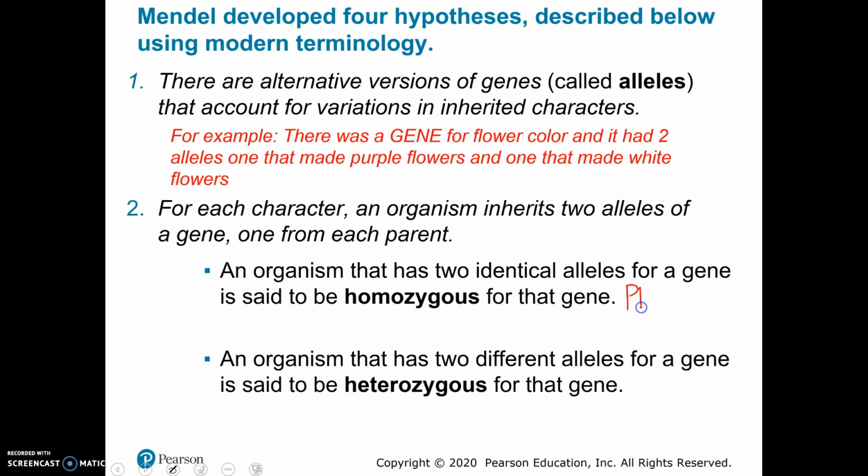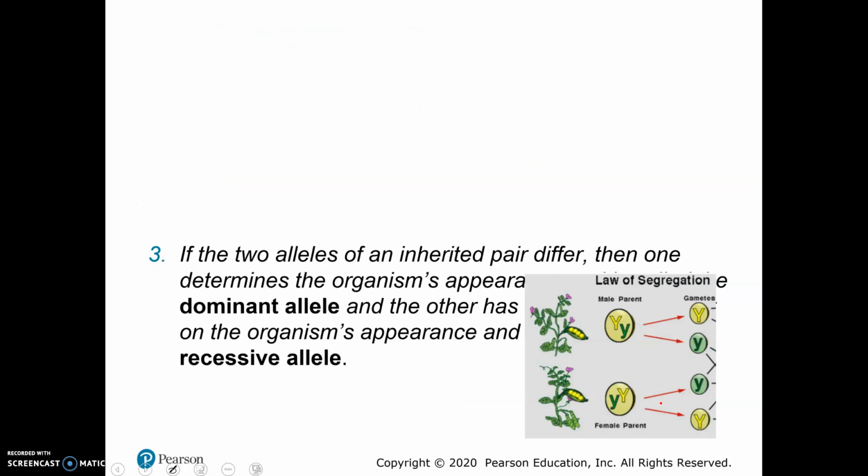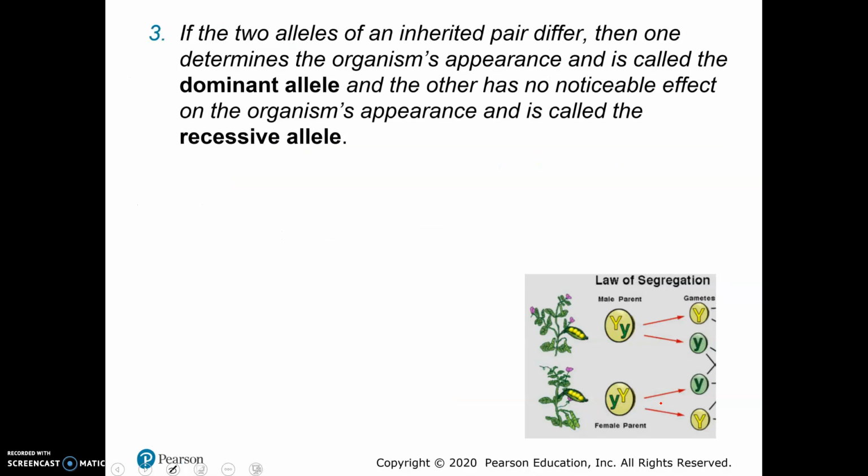So if the organism was big P, big P, these were the purple flowered plants, and little p, little p is what we were using for the white flowered plants, we called that homozygous. If they had 2 different versions, so they were big P, little p, we call that heterozygous. So to be heterozygous, it has to be a capital and a lowercase in this scenario. Now, why am I using capital and lowercase? We're going to get into that.